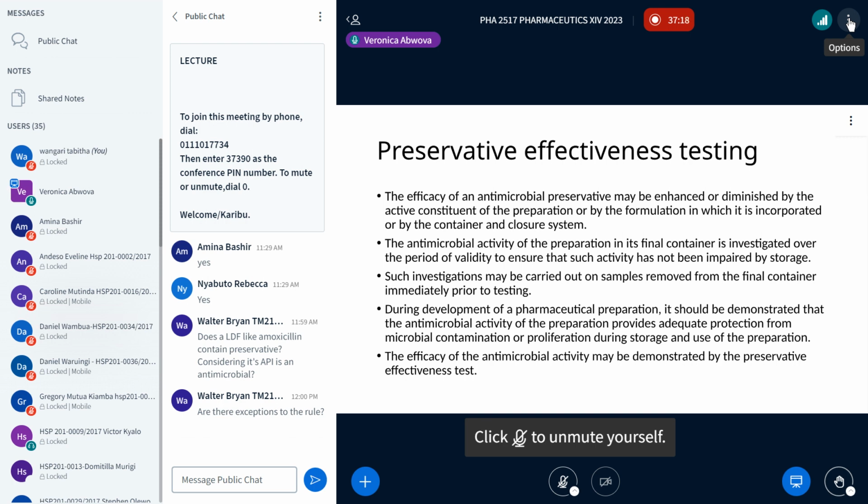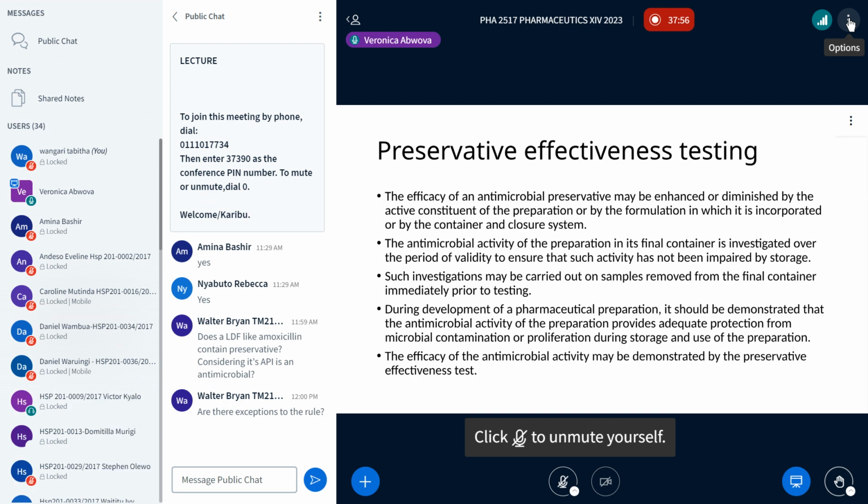We have microorganisms that may cause infection in the eye. Is it possible that the antimicrobial you are using to take care of that is not effective against Pseudomonas? Then what do you do? Expectation is that you must protect against Pseudomonas. So you add a preservative that is able to protect against Pseudomonas. So I hope that is clear.